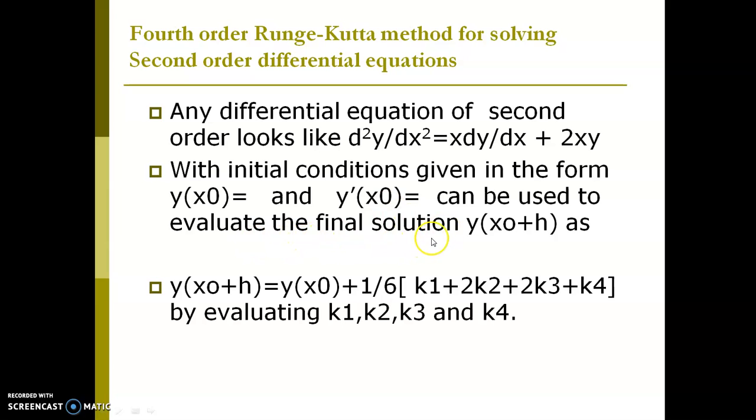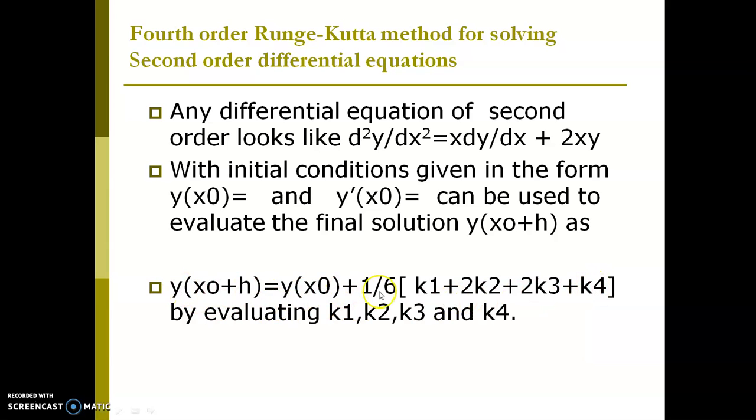And we are asked to evaluate, as a solution, the function at a new point, which is x0 plus h. So if x0 is the starting point, the new point at which we are evaluating is displaced by an increment h. We can calculate y of x0 plus h as y evaluated at the starting point plus 1 by 6 times four different values k1, k2, k3, k4, used in this formula as k1 plus 2k2 plus 2k3 plus k4.